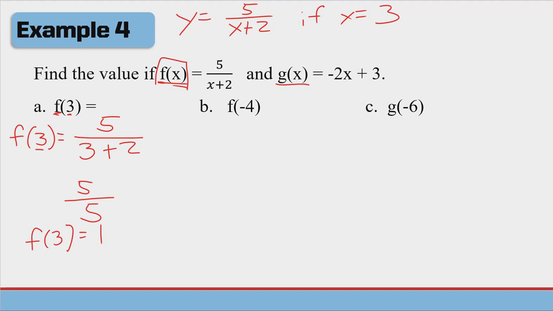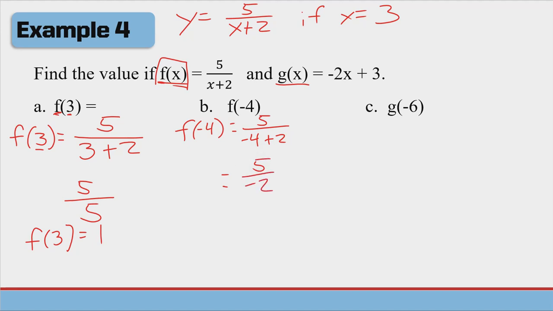In example B, we're changing the x value to -4. So I am still going to use that f function of 5 over x plus 2, but now I am going to sub in a -4 for x. So I can finish out the math here.